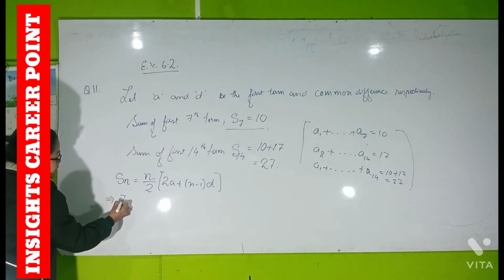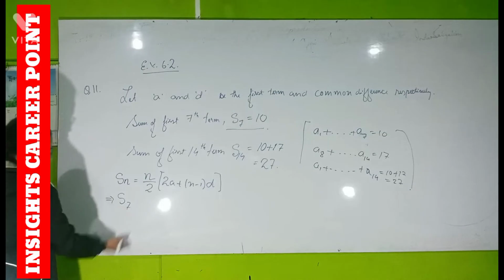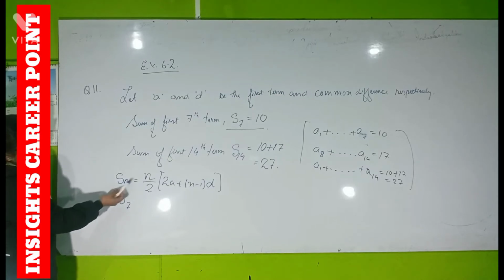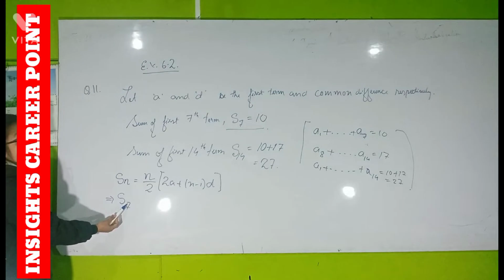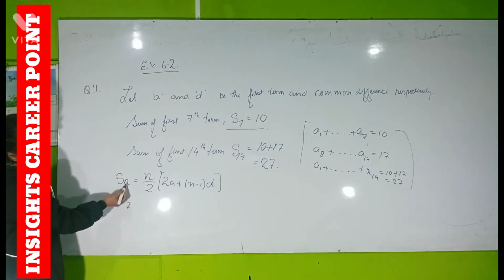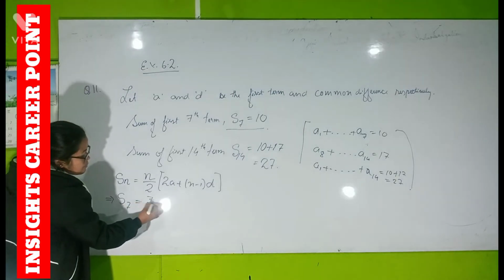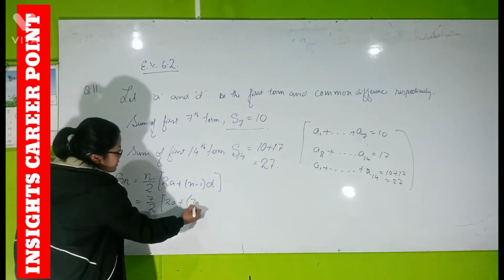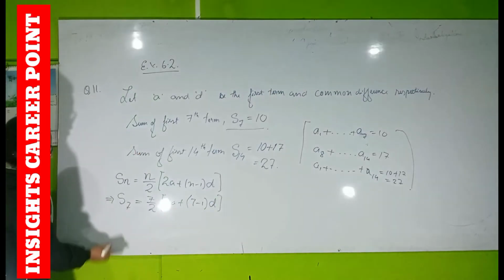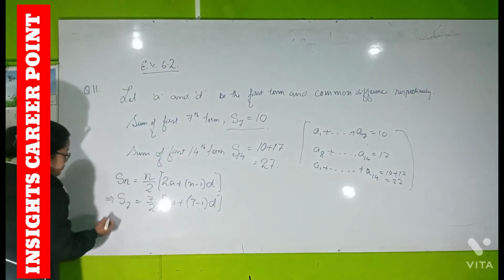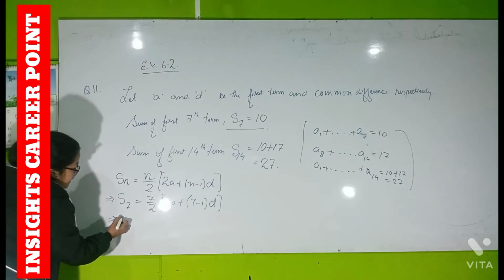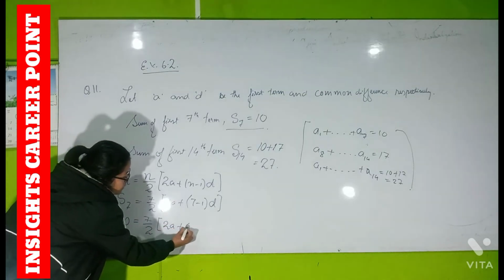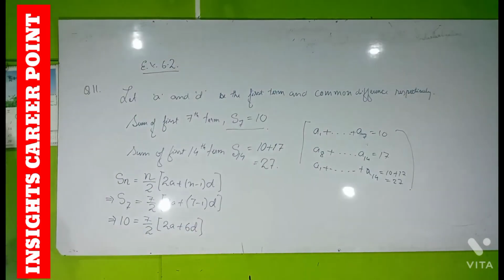So let's write S7: in place of n we write 7, so it is 7 by 2 into twice A plus (7 minus 1) into D. The value of S7 is 10, so 10 equals 7 by 2 into twice A plus 6D.